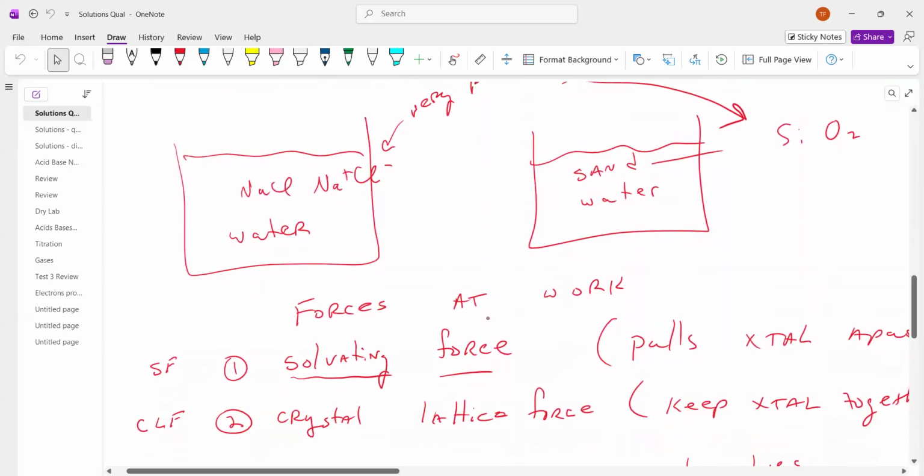Let's look at two more solutions. Let's look at one solution with sodium chloride and water, and the other one with sand and water. Okay, in the first one on the left, what's the solvent?